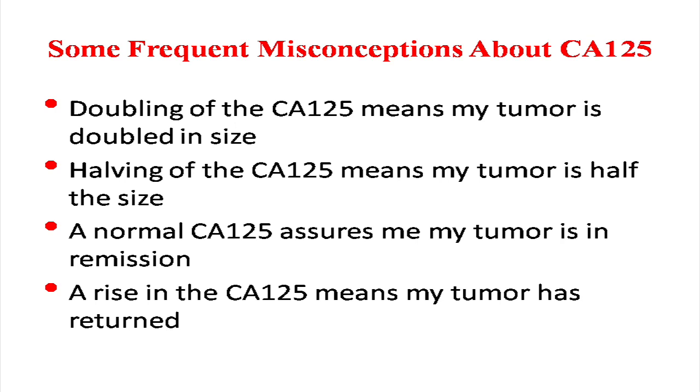A rise in the CA125 means my tumor has returned. We've already discussed this previously, but a small rise in the CA125 does not necessarily mean the tumor has recurred. And to treat that small rise in CA125 may actually be treating you with drugs that have toxicity when there is never going to be a recurrence because you are already cured of your ovarian cancer.